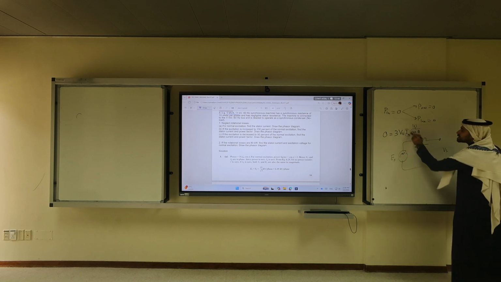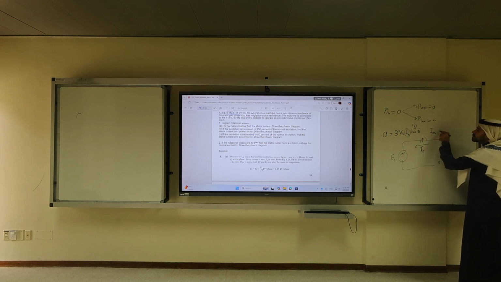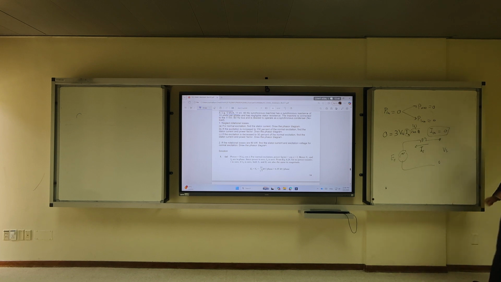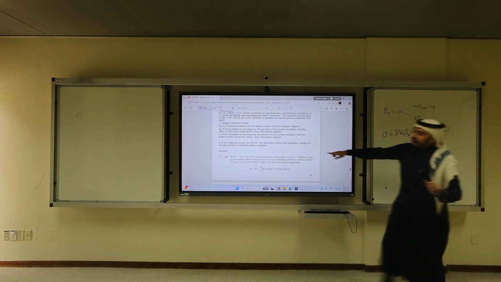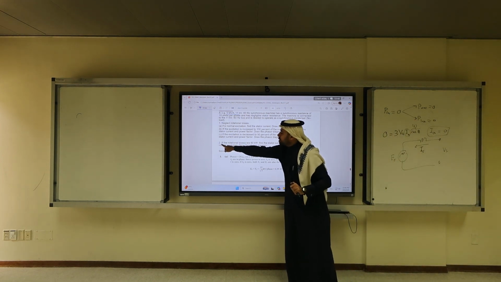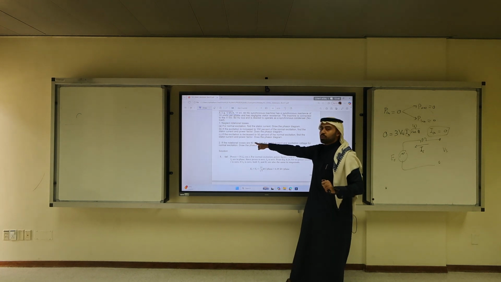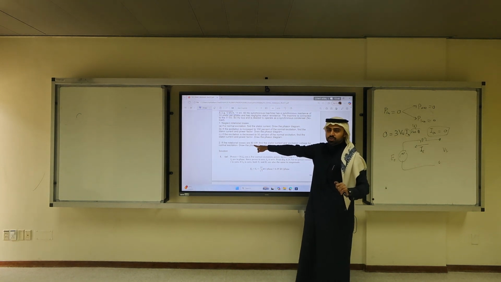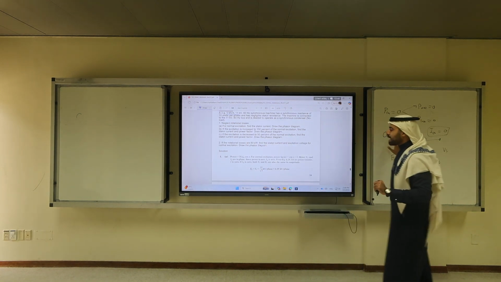So this implies IA is 0. Does it make sense? Yes, it makes sense. If I'm not putting in input power and I have a voltage at the terminal, the current has to be 0 if I'm ignoring the losses. For the last part 2, if rotational losses are 80 kilowatt, we're not ignoring them, and we will see how to solve it. But for now, IA is 0.